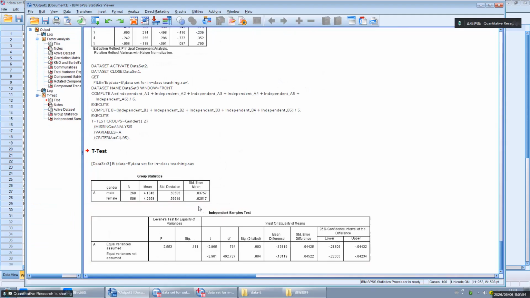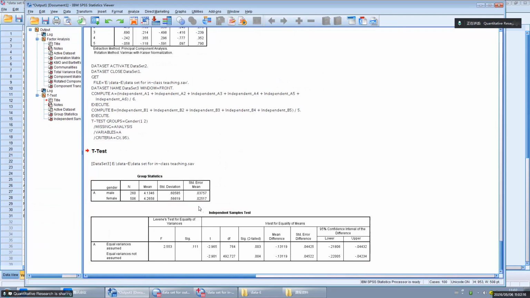Any problems? Is your result different from mine? Yeah, it's exactly the same. The only reason for a difference is that you didn't compute the mean score correctly.